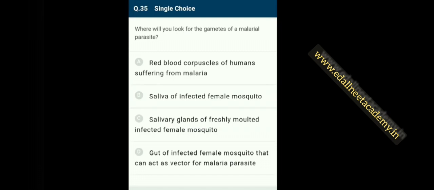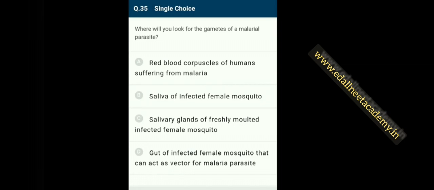Question number 35. Where will the gametes of the malarial parasite be found? Malaria is caused by the parasite plasmodium and it is spread by the female mosquito, which feeds off the blood from animals for nutrients. Thus the female mosquito acts as a vector for transmitting the disease.